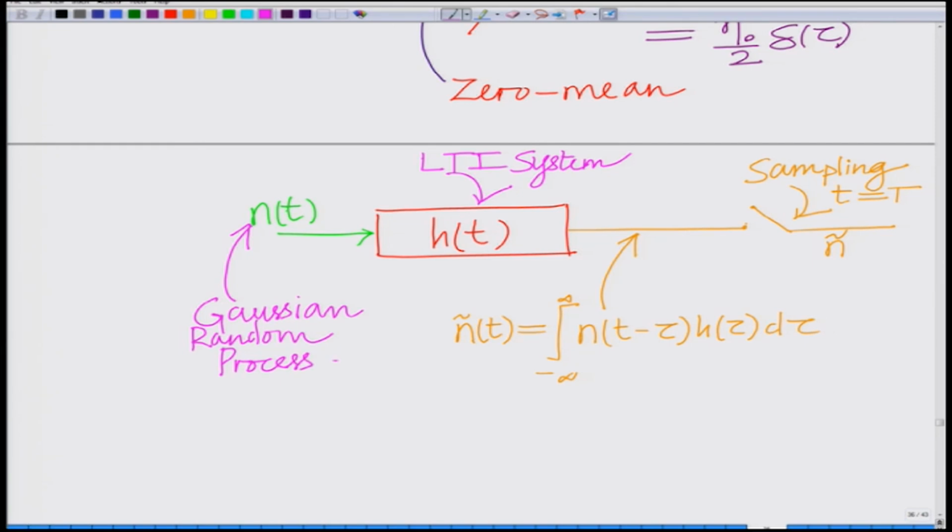The first important thing is that when a Gaussian random process is passed through a linear system, the output is also a Gaussian random process. Any linear transformation on a Gaussian random process results in an output Gaussian random process.